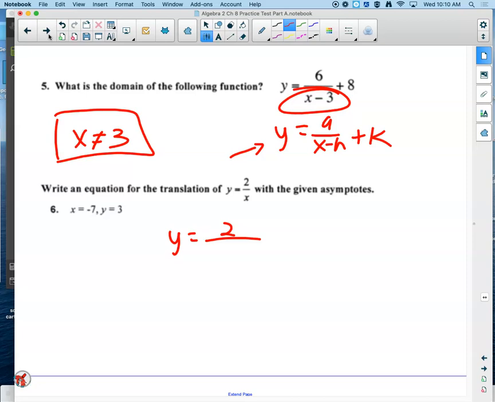So if x equals -7 is the vertical asymptote, what does that mean the denominator was? And if y equals 3 is the horizontal asymptote, where does that have to go? +3 in the back. So again, anything with x is the opposite. We look at that and see, oh, it's +7, but the vertical asymptote would actually be -7. That one's done.